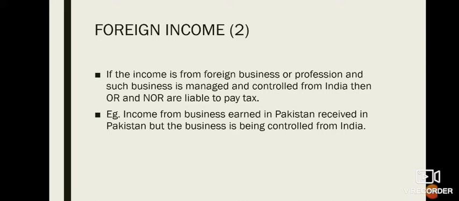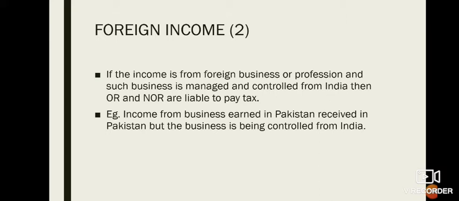I would like to make some adjustment, or twist this example: income from business earned in Pakistan, controlled from India, but received in India. Then in this situation, this foreign income would turn into Indian income. I repeat, income from business earned in Pakistan, managed from India or from another country, but received in India becomes Indian income.